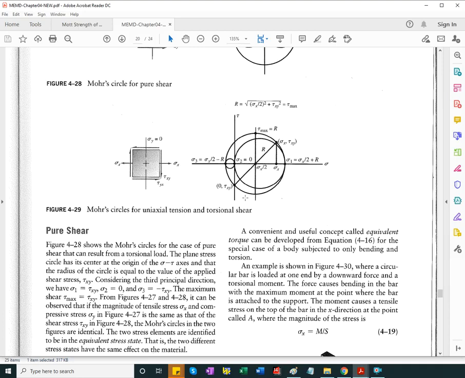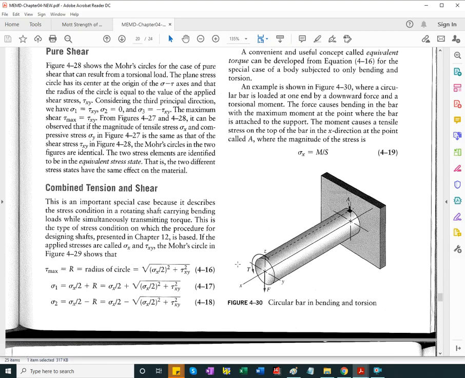Yet again, the usefulness of showing the 3 circles, recognizing one of the principal stresses as 0, and this is for finding the maximum shear stress, which may be the one that is the most detrimental to the material of the component.